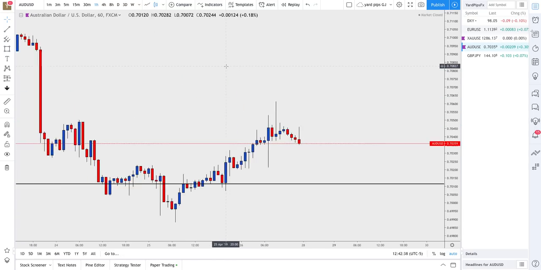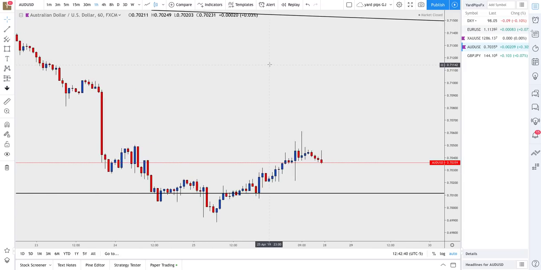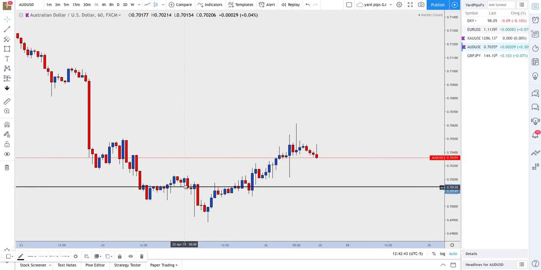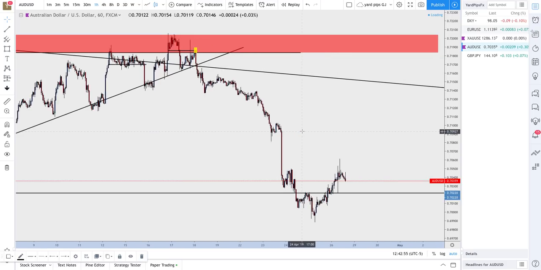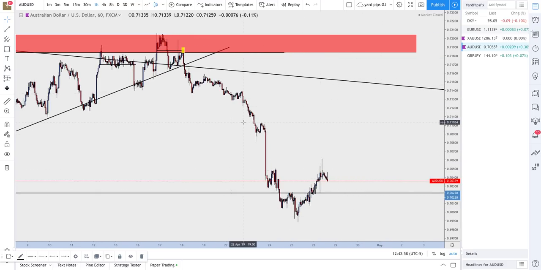In addition to all these other pairs transitioning to the upside, Aussie is also transitioning to the upside by taking out this level of resistance and giving us bullish indications. So looking towards next week, I'm looking for longs. I'm looking for probably retests of the lows and then longs into next week.